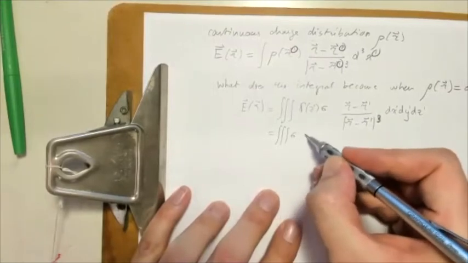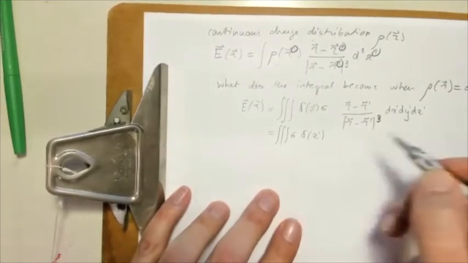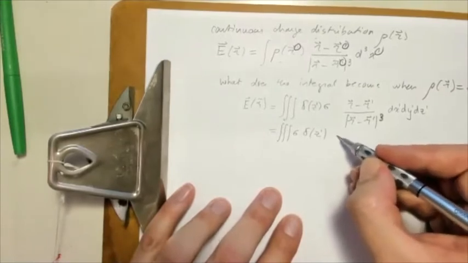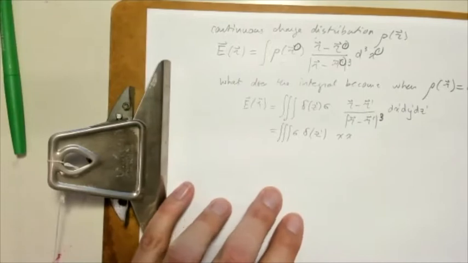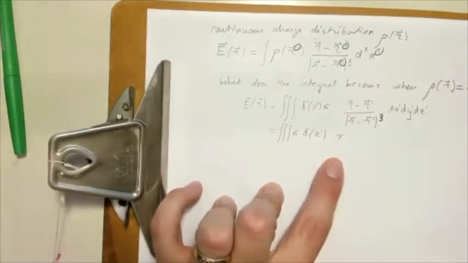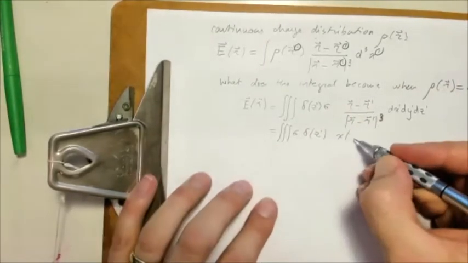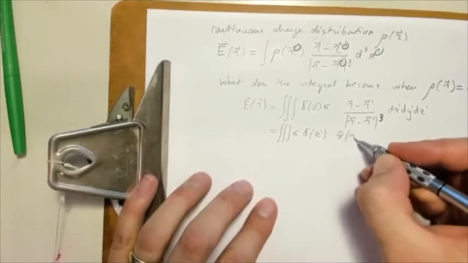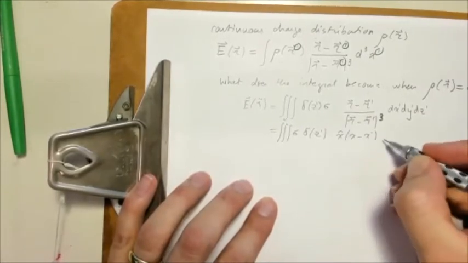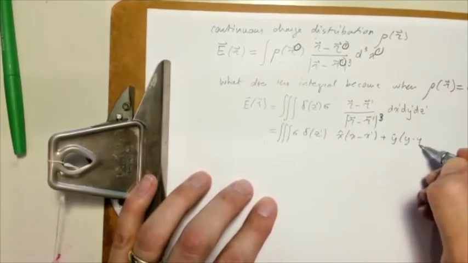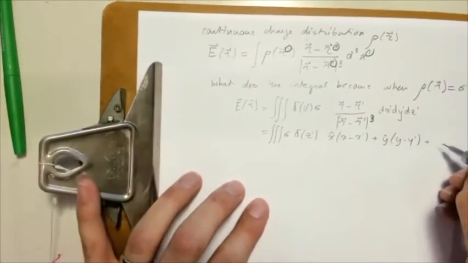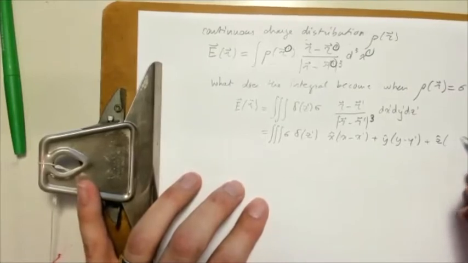Sigma delta z prime, and now we'll do x hat times x minus x prime plus y hat times y minus y prime plus z hat times z minus z prime.